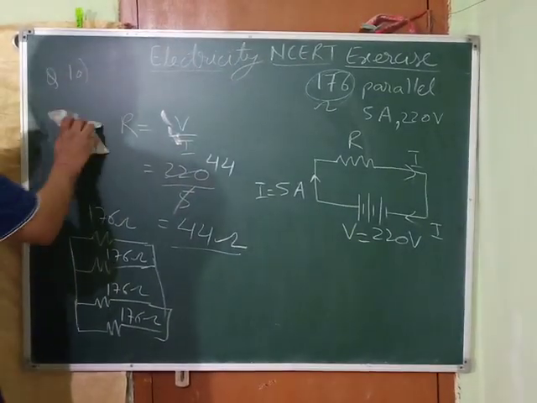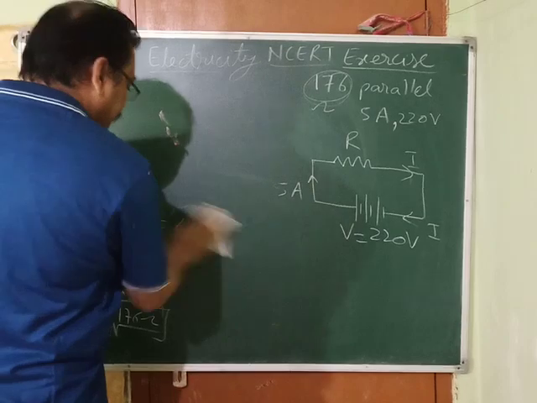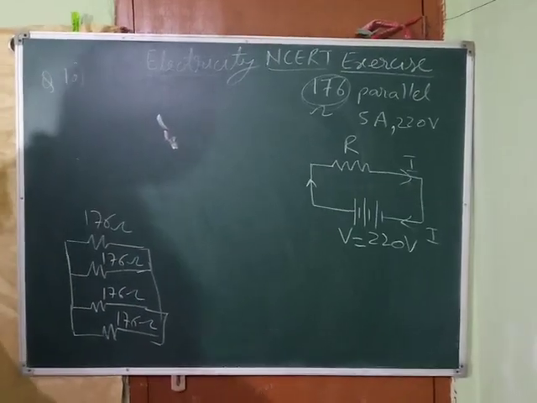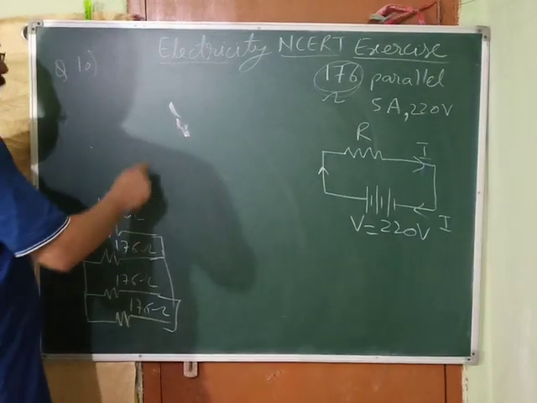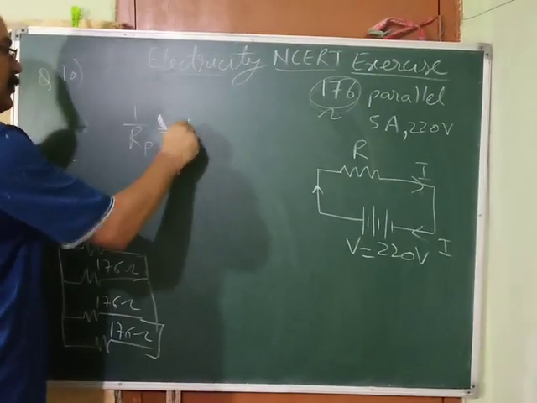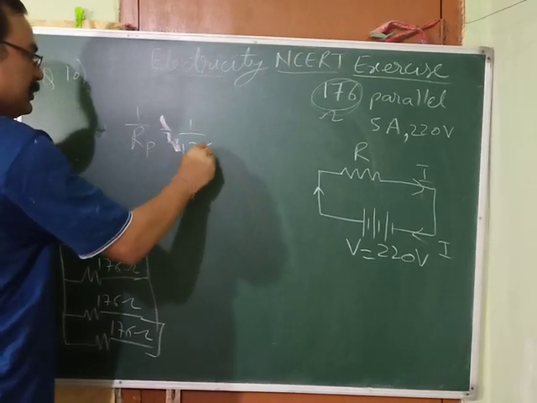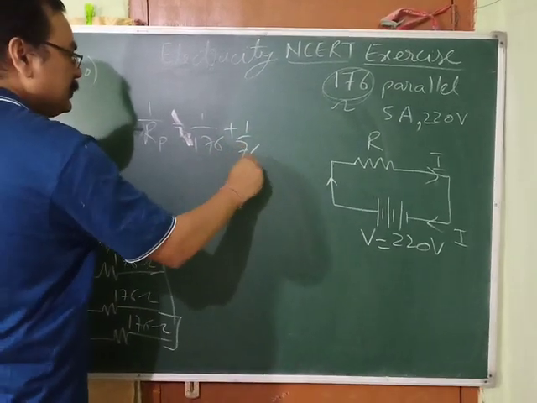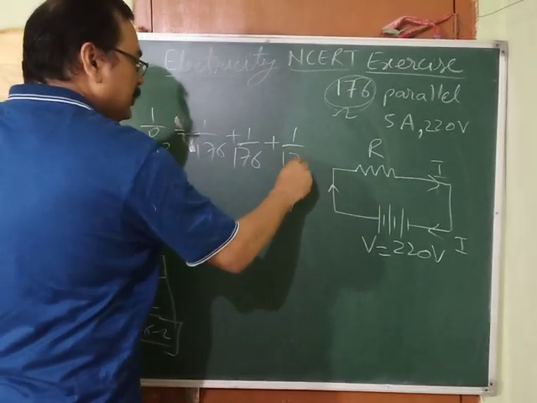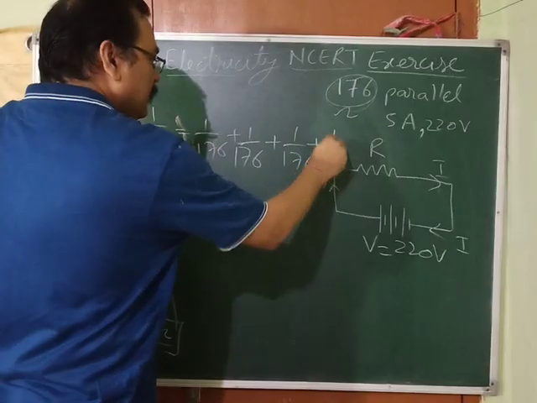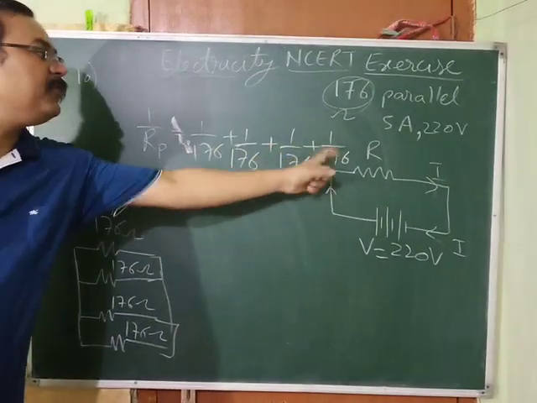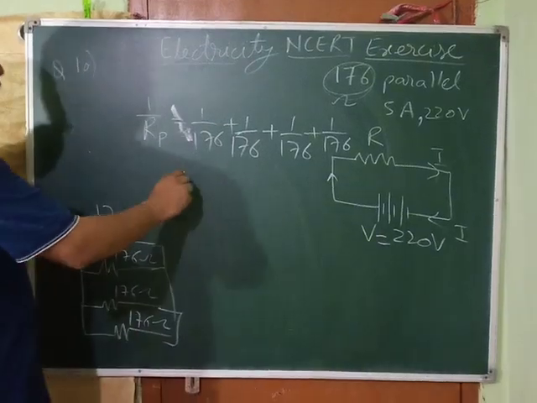Now we are going to find out the number of resistors. Total resistance is 44 ohm. So from here, 1 by R equivalent, or Rp, is equal to 1 by 176 plus 1 by 176 plus 1 by 176 plus 1 by 176. 4 resistors are there.